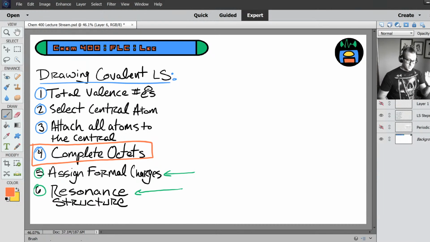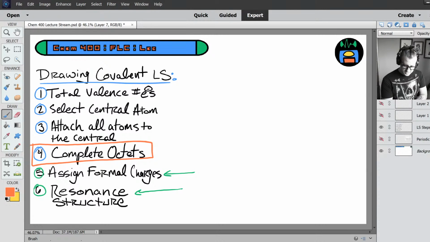Up to this moment, we've been living and dying by the octet rule. Everything has to have a complete octet, and we've been very, very octet rule focused. Before we move on to assigning formal charges and talking about resonance structures, we need to talk about when it's okay to break the octet rule.